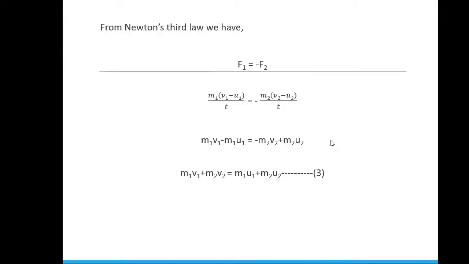This is equation 3. The importance of this equation is that you can see on the left hand side we have the final momentums of both of the bodies A and B. m1 v1 is the final momentum of body A, m2 v2 is the final momentum of body B. Similarly, on the right hand side we have initial momentums. m1 u1 is the initial momentum of body A and m2 u2 is the initial momentum of body B. So here we have added both these momentums.